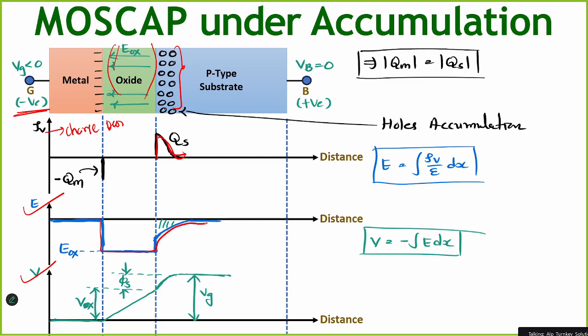And if you integrate this square wave, as you have already seen, it will be converted into a ramp. So this is about the charge density, electric field, and potential for the MOS capacitor under accumulation.